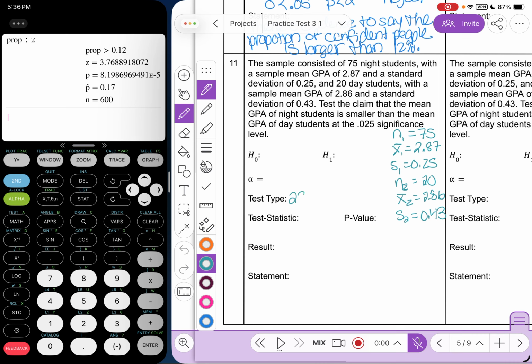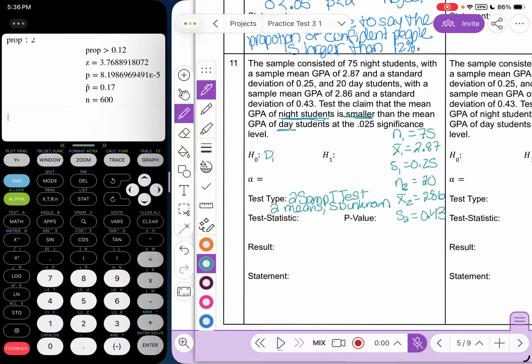So we're going to do a 2-SampTTest, because we have two means, no population standard deviation. Unknown. Okay. We want to know if night is smaller than day, and we listed night first.